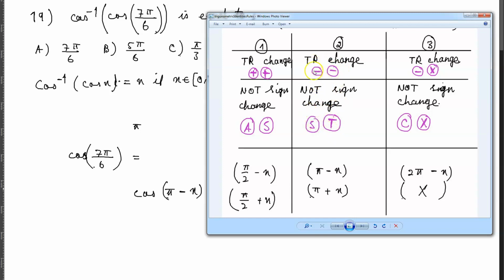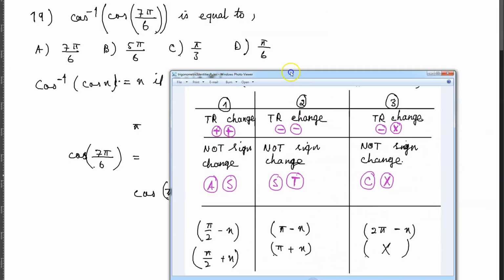Now, in the case of the first one, pi minus x, only in the case of sine, the sign does not change. And in the second case, which is pi plus x, only in the case of tan, the sign is not going to change.